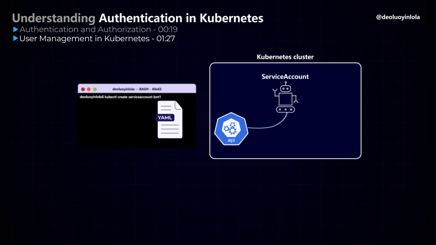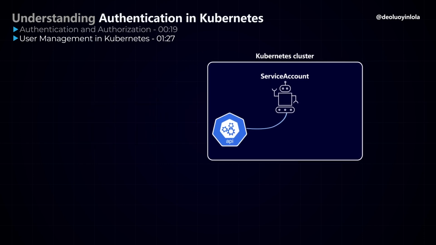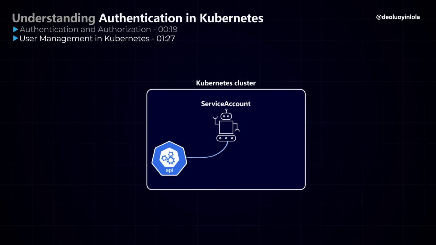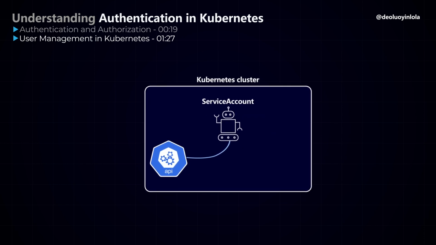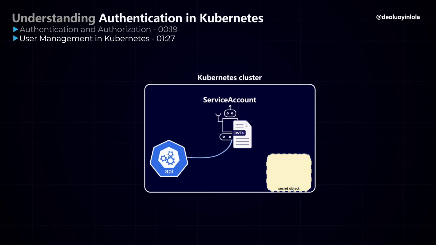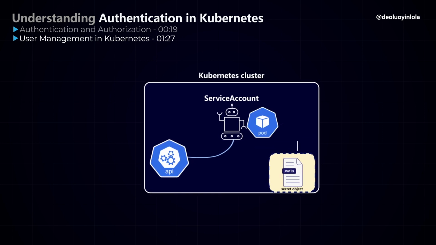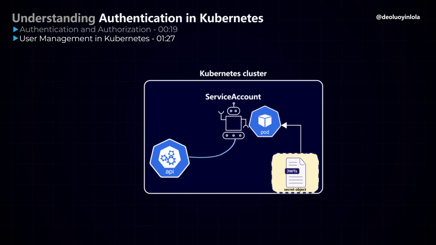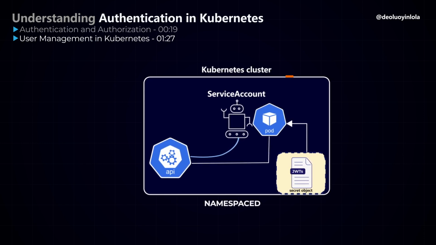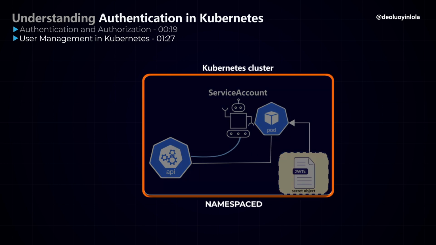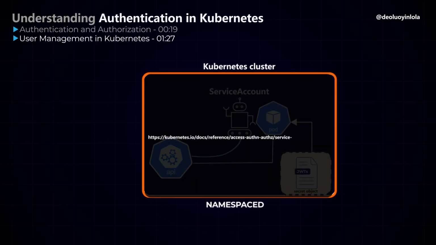This type of account is intended for processes in cluster components or running in pods. The credentials for service accounts are stored as secrets in the cluster that are mounted into pods so that the container process can use them to talk to the Kubernetes API server. They are namespaced. Check the official documentation for more on service accounts.